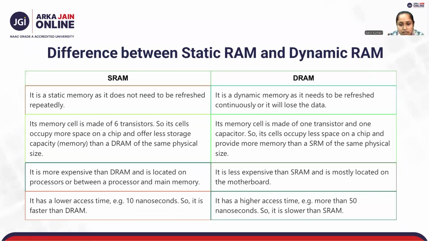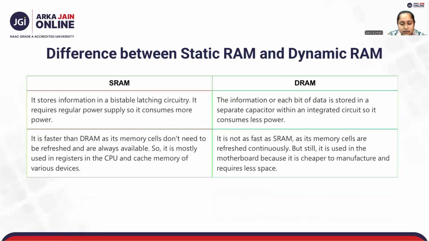DRAM is less expensive than SRAM and is mostly located on the motherboard. SRAM has a lower access time, for example 10 nanoseconds, so it is faster than DRAM. And DRAM has a higher access time, for example more than 50 nanoseconds, so it is slower than SRAM.